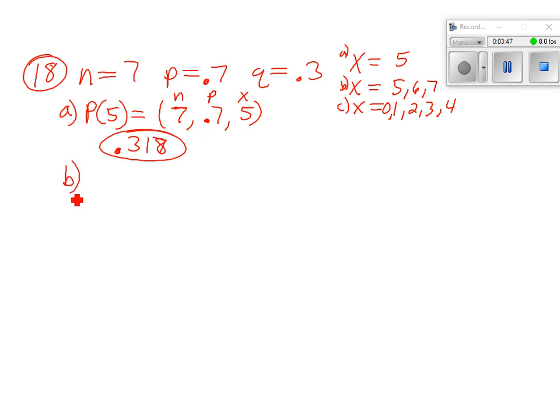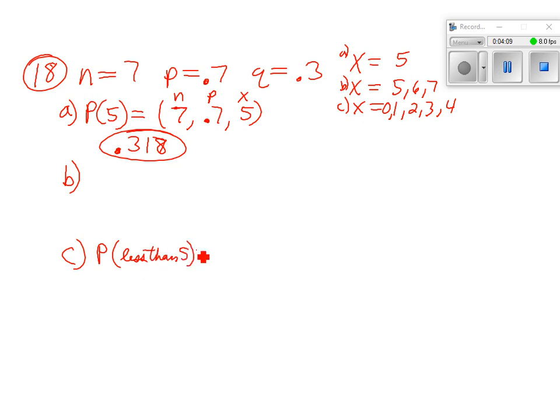Now, instead of doing B next, if we read the whole problem, we do C next, because C is everything from 4 down. We want less than 5.